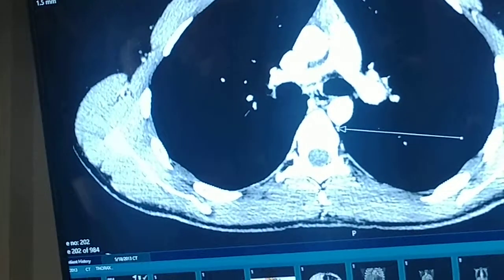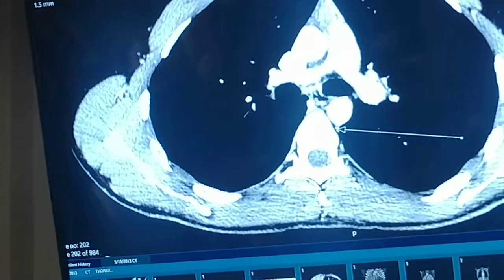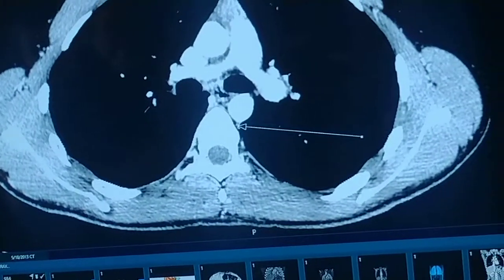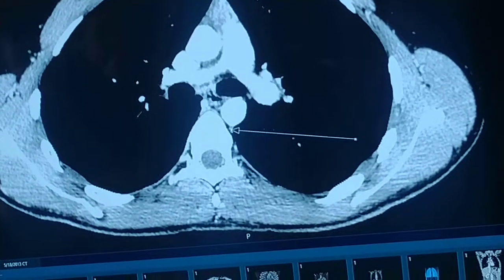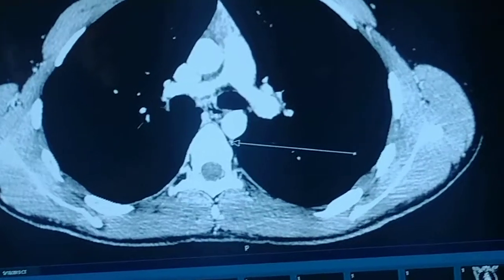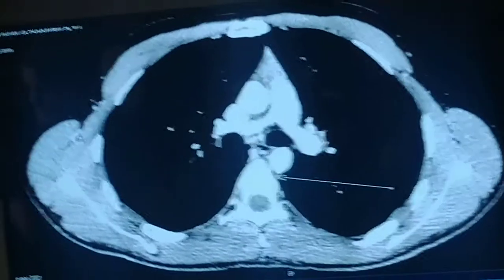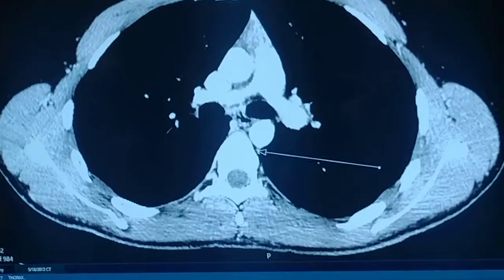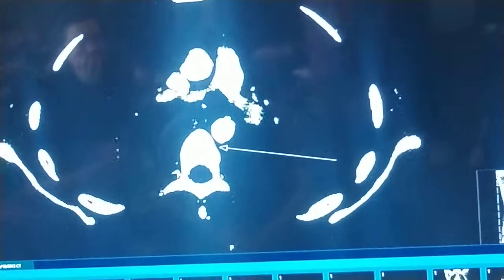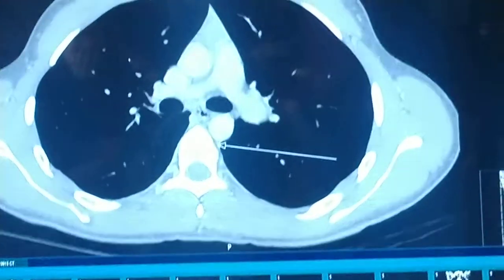You can see it's coming right off of the aorta. So what comes off the aorta? Posterior intercostal artery. So that's one of your posterior intercostal arteries. Comes right off the aorta. Yeah, makes perfect sense now.